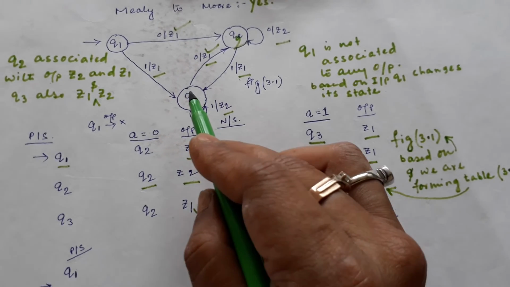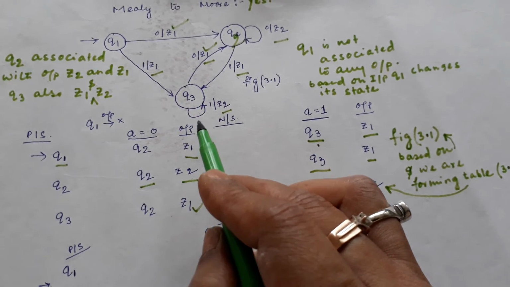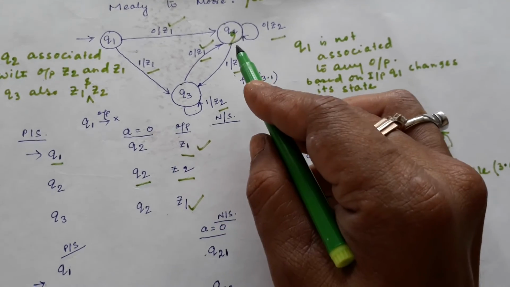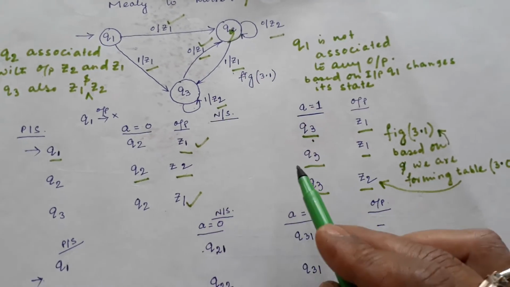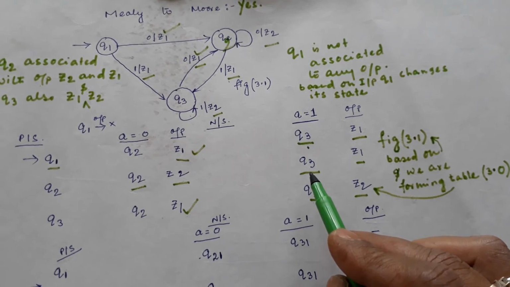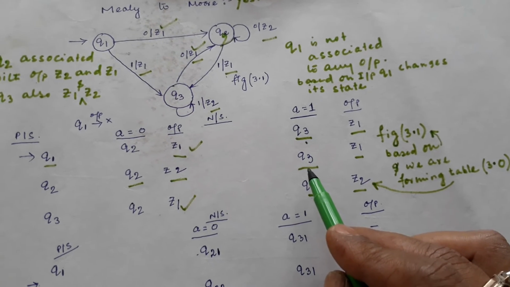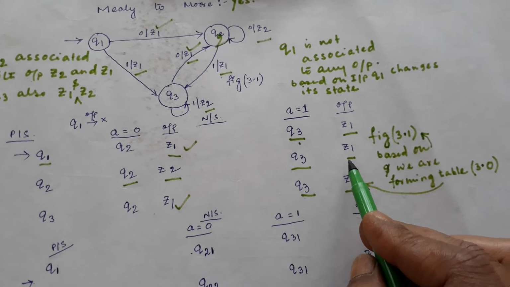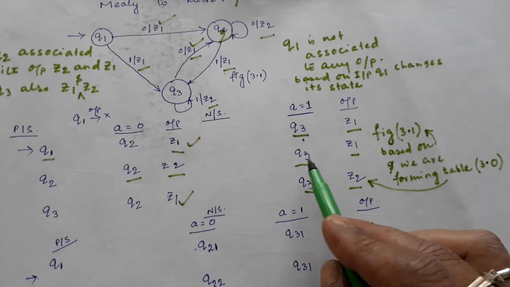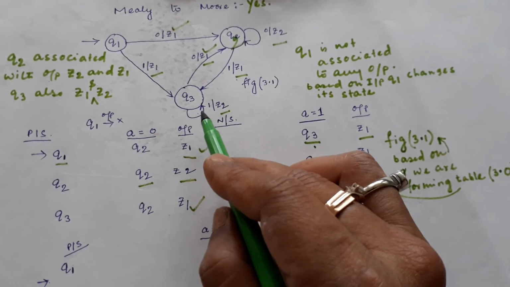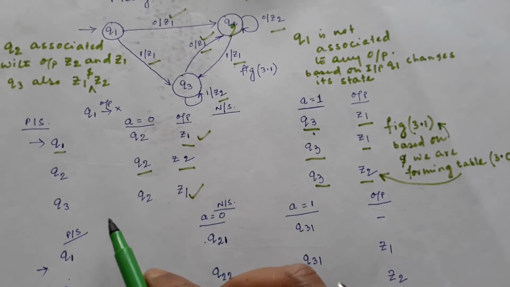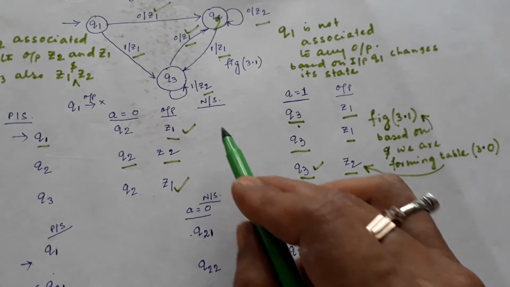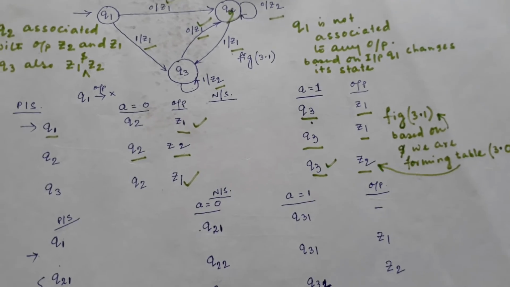On the other hand, q2 to 1 jumps to q3 and produces the output z1 in this case, right? And q3 to 1, just check it out, jumps to the same state, that is q3, and produces the output z2 in this case, right?